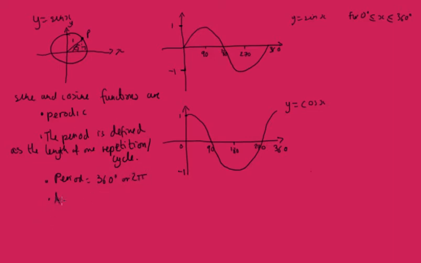The amplitude is defined as the distance between the maximum or minimum point and the principal axis.